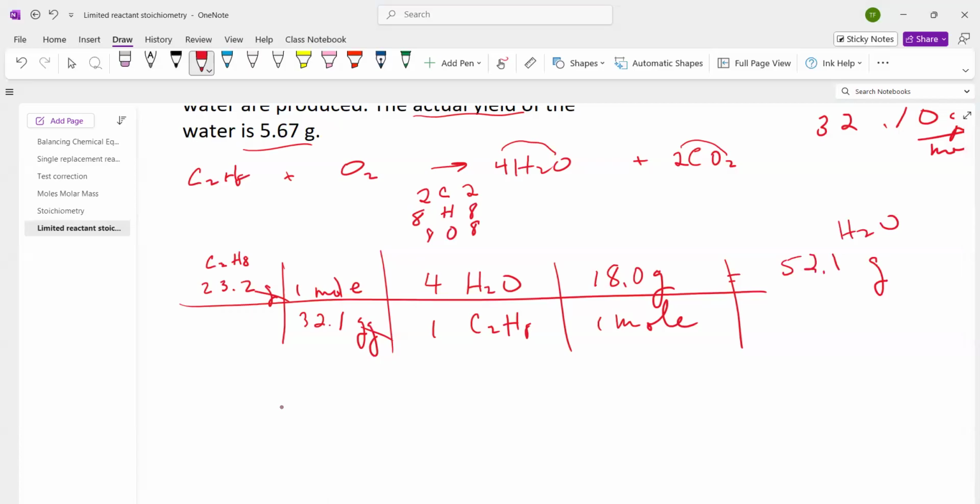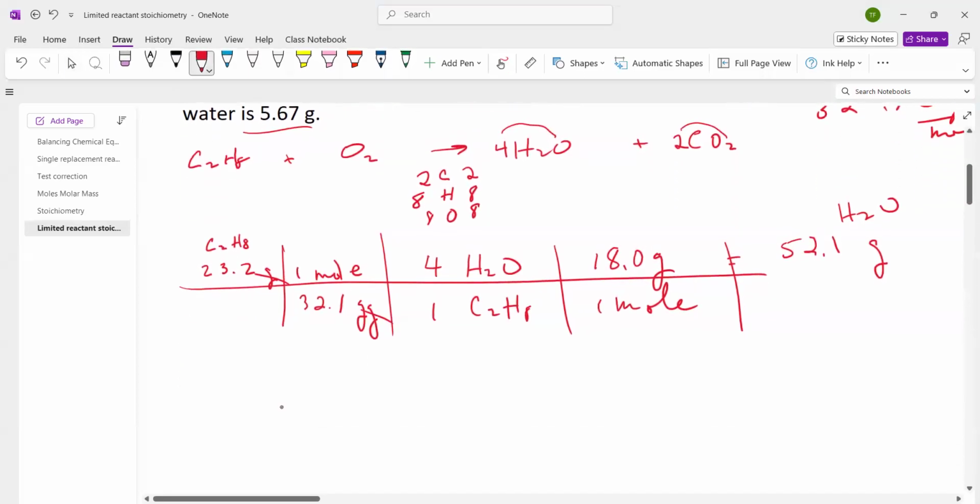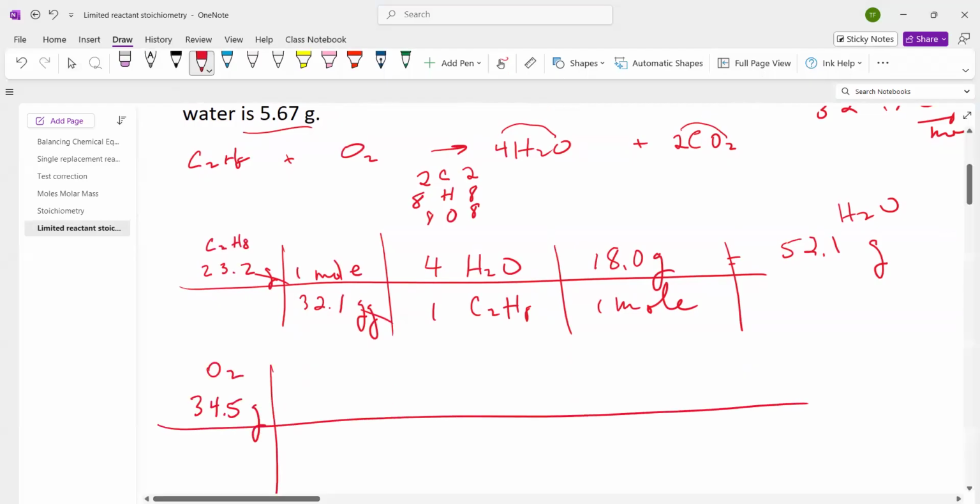Okay, now we need to do the calculations on the other given. And that is 34.5. Two oxygens at 16 apiece is 32.